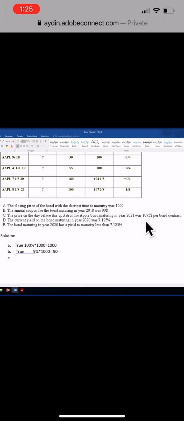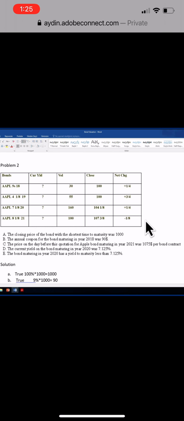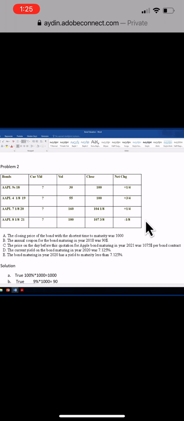So how can we know the price from yesterday to the present time? How can we compare the two prices? Because we have only the present price, we don't have yesterday's price in the table. So how can we find it?